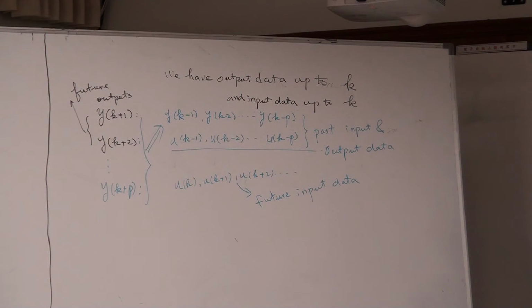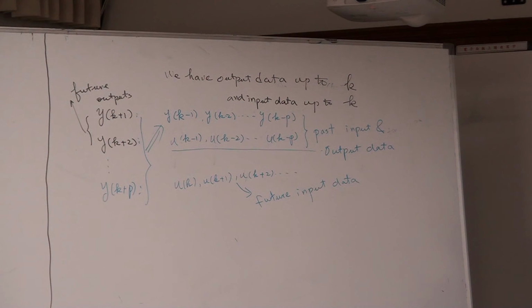Well, in theory, I need to have a noise term here, but I don't. I assume that this system is noise free, and the system has no uncertainties and nonlinearity. And there's a future input in the middle of the future output, and in the past output and past input. Okay, now let's use this.